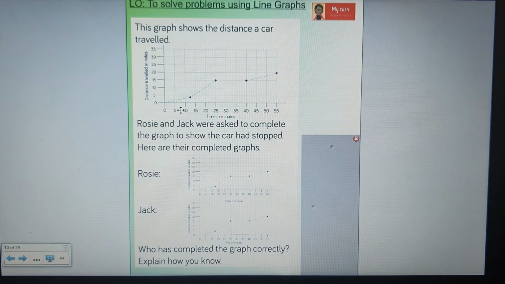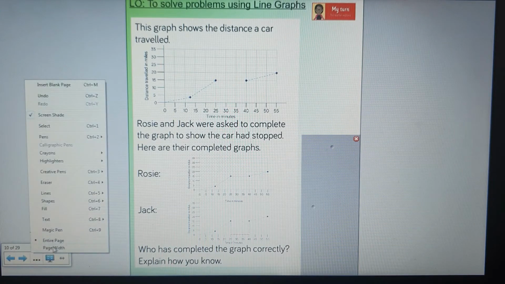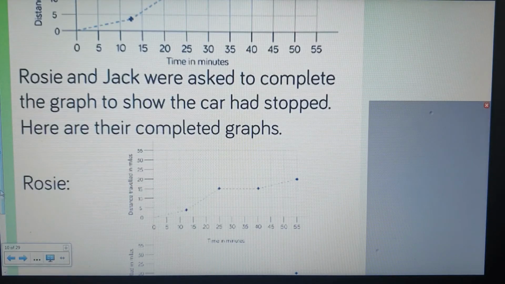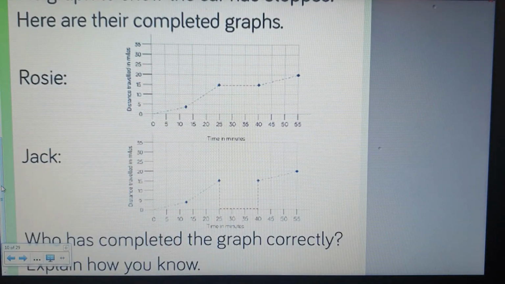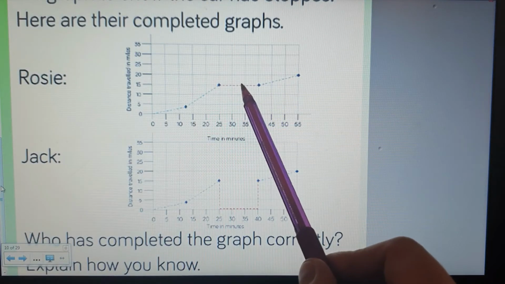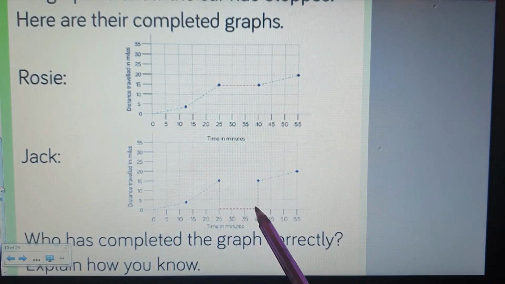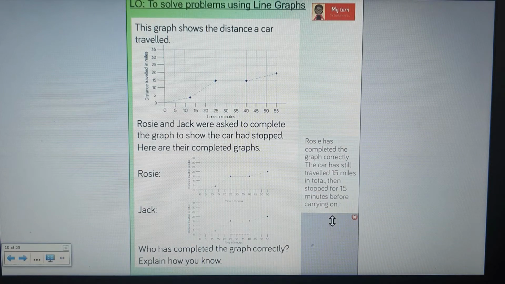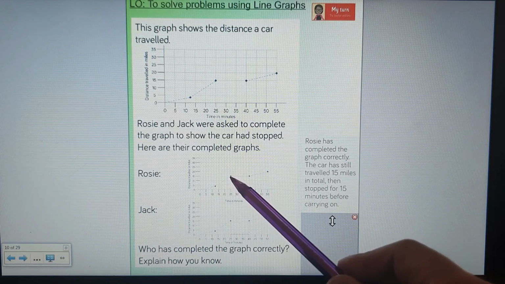I'm just going to zoom in so you can see that a little bit better. So if we go down here, look. As we said, Rosie had drawn a straight line there, and Jack had gone down, across and up. Who has completed the graph correctly? Explain how you know. So, I'm going to help explain, because it says Rosie had completed the graph correctly because the car still travelled that amount of distance.